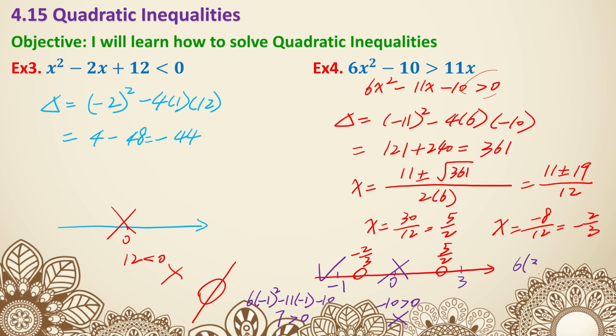So 6 times 3 squared minus 11 times 3, then minus 10. So 3 squared is 9, 6 times 9 is 54, minus 33, minus 10. So it's 11, greater than 0. That also works. So final answer, -infinity to -2/3, parentheses because they're open circles, union 5/2 to infinity.